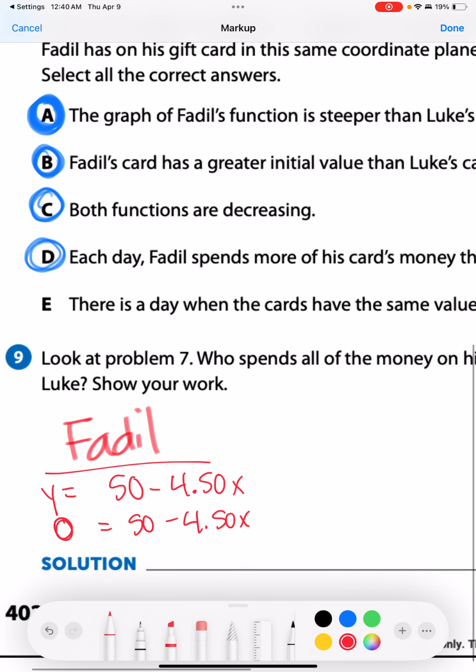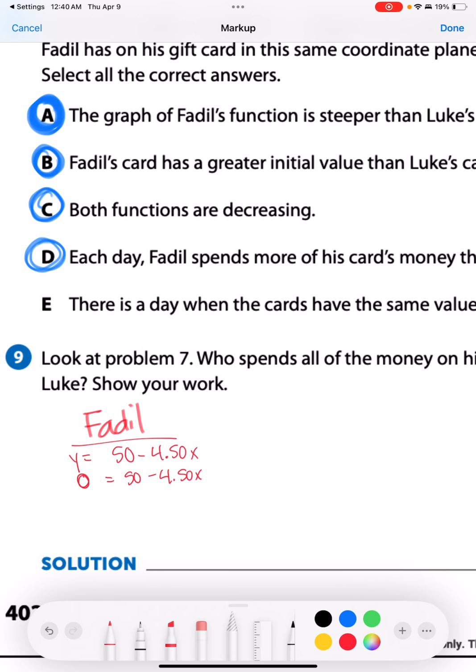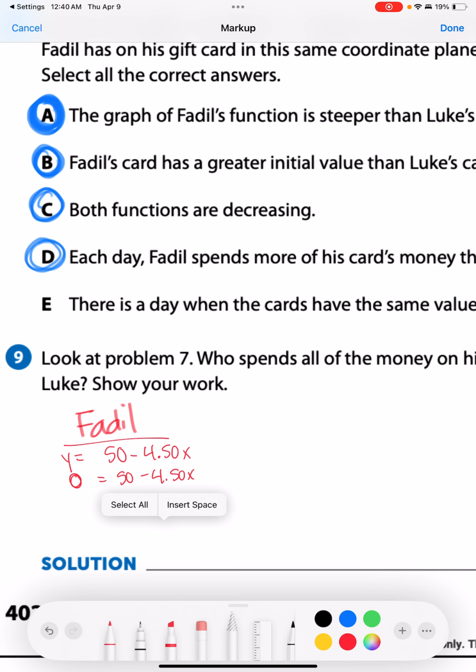Let me shrink this guy. Okay. Let's go ahead and start solving. We'll subtract 50. So negative 50 equals negative 4.50x.